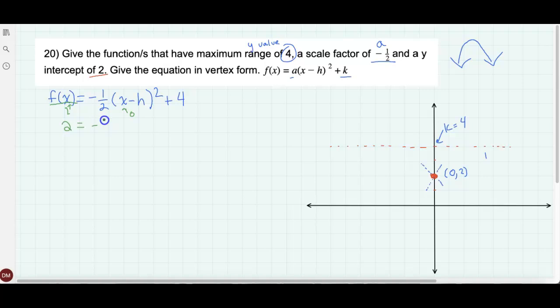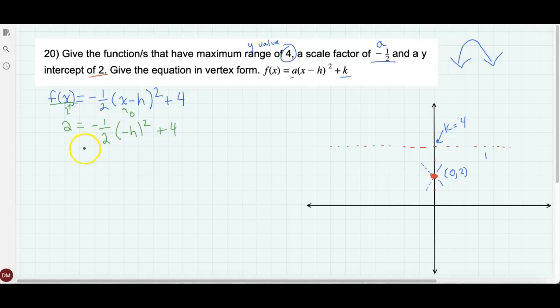So that'd be 2 equals -1/2 times, that's just going to be 0 minus h squared, plus 4. Okay, let's do some work here.